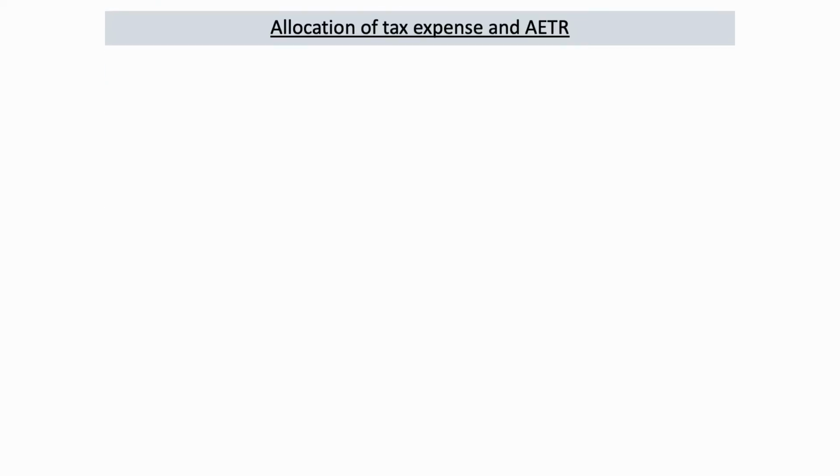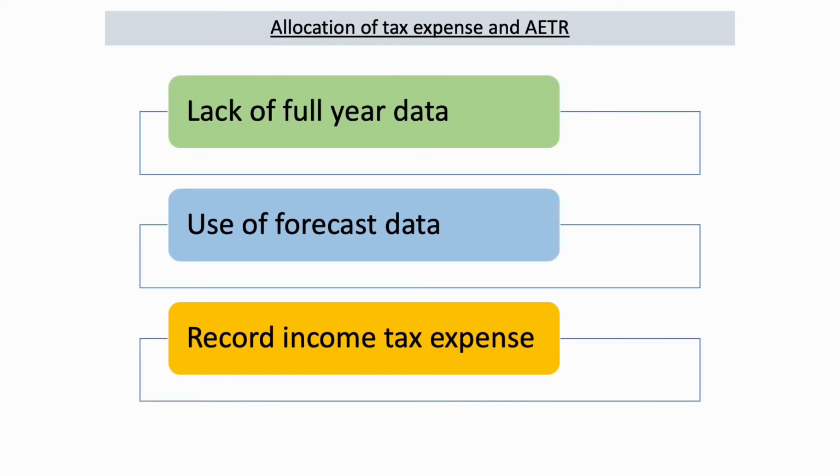Right, so moving on, allocation of tax expense and AETR. As we briefly discussed, the full data is not available to the company when they are trying to issue their interim reports. So we do not have the full year's worth of data, so we use forecast data. We reach out to the FP&A team or the accounting team to give us the forecast data.